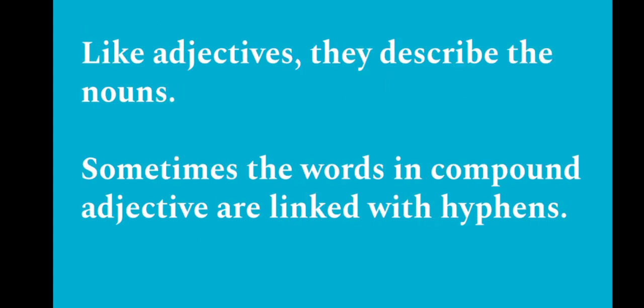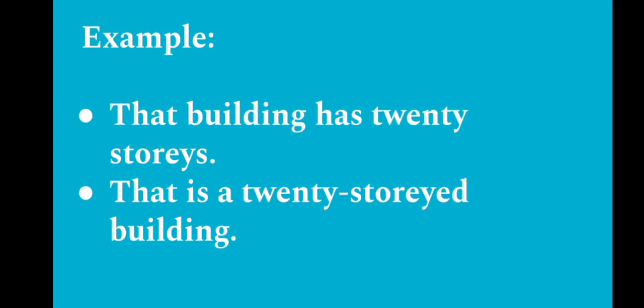And there's one more thing: like adjectives, compound adjectives also describe nouns. Sometimes the words in compound adjectives are linked with hyphens. So when we add two words and make a compound adjective, for some words we use a hyphen in the middle. Now let's look at the example.